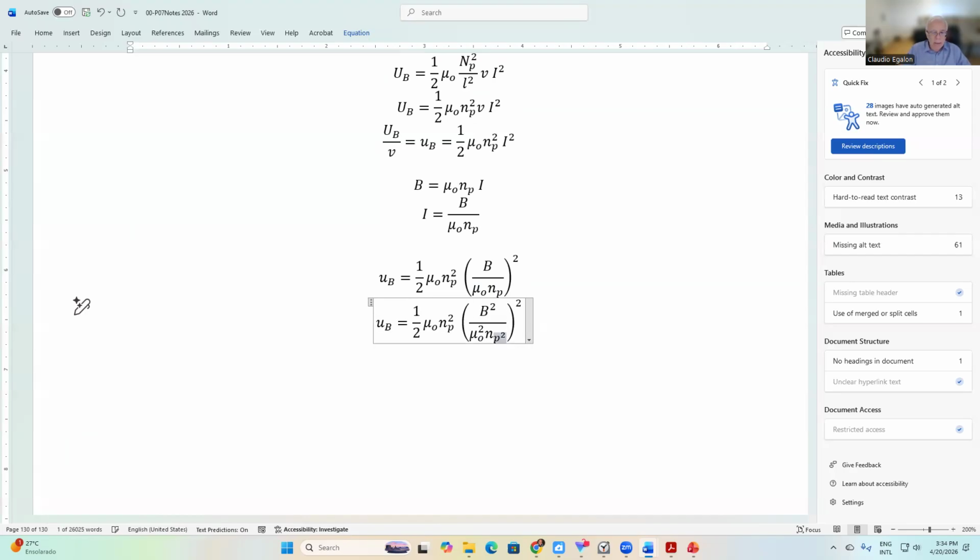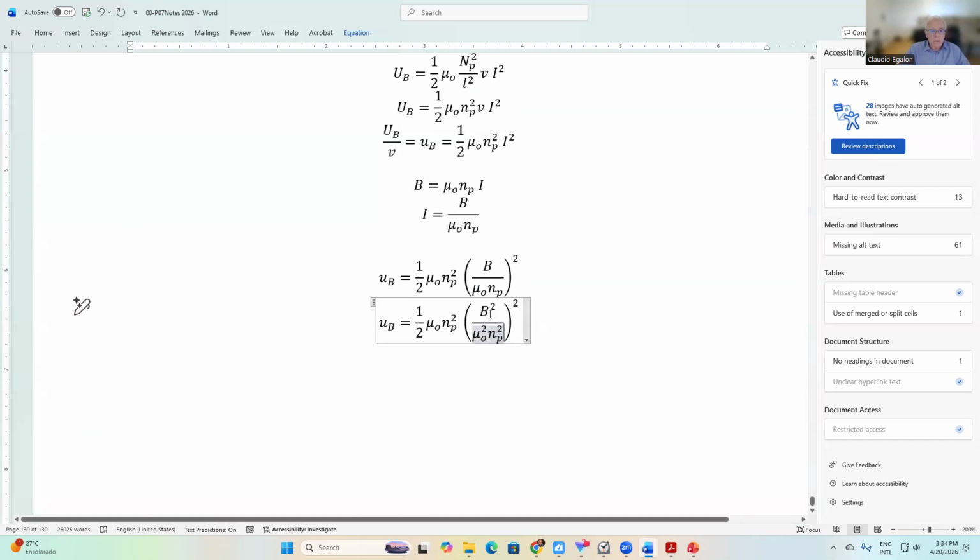Like that. Yeah, here you go. No need for the parentheses anymore. No need of the square anymore. The NP is going to cancel out.